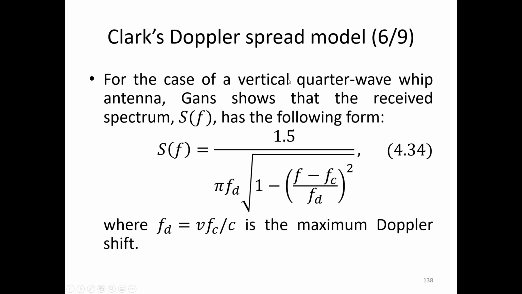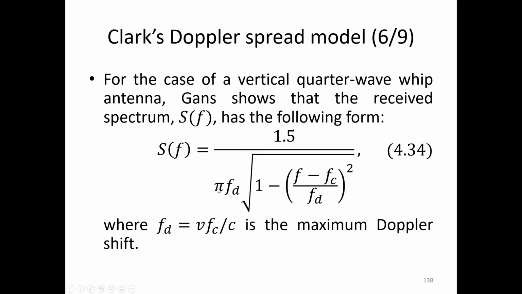The word whip means a whip-shaped antenna. And the quarter wave means the length of the antenna is equal to 1/4 of the wavelength.